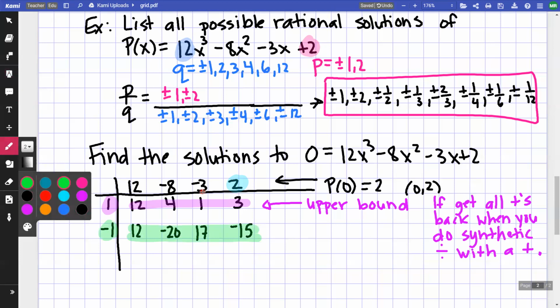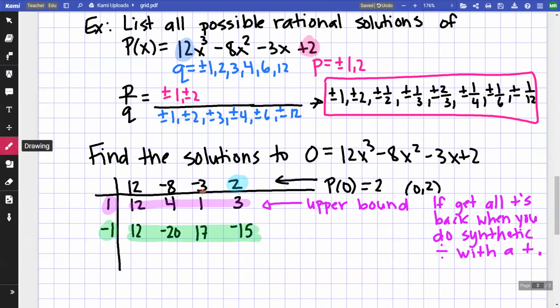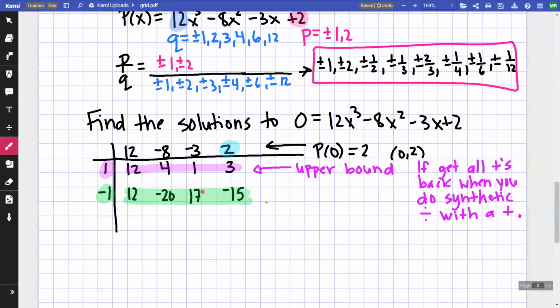That is going to tell me that this is going to be a lower bound. Okay, so this is going to be a lower bound. And that occurs if you get alternating signs.